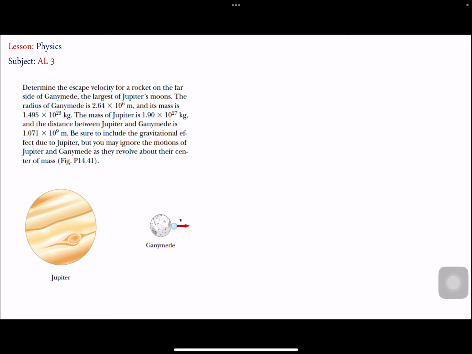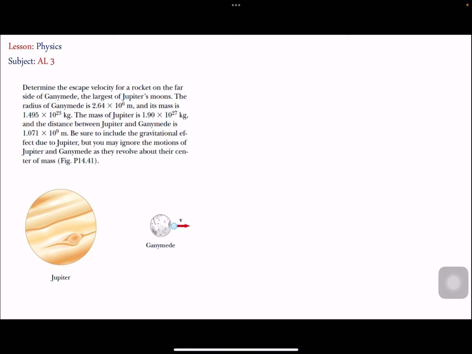The mass of Jupiter is 1.9 times 10 to the power 27, and the distance between Jupiter and Ganymede is 1.071 times 10 to the power of 9. Be sure to include the gravitational effect due to Jupiter, but you may ignore the motions of Jupiter and Ganymede as they revolve about the center of mass.